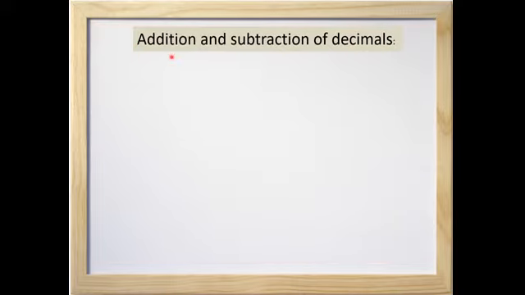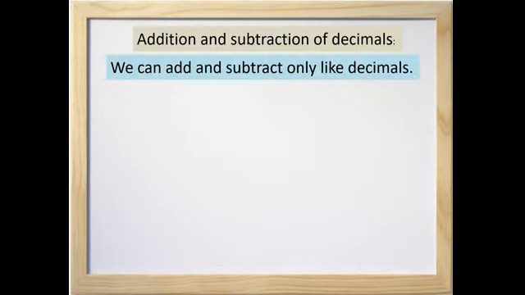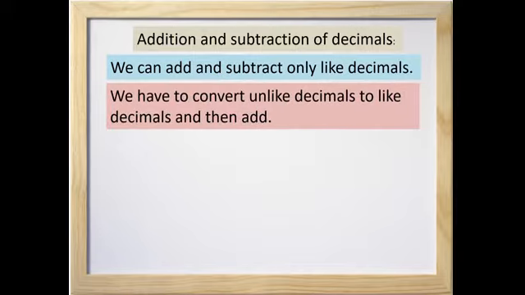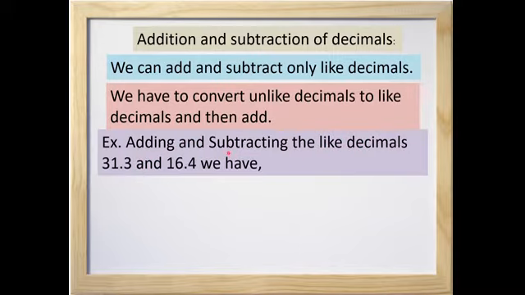Children, now we are going to learn addition and subtraction of decimals. Children, we can add and subtract only like decimals. Suppose we have to add unlike decimals, then we have to convert unlike decimals to like decimals and then add. For example, let us add and subtract the like decimals 31.3 and 16.4.